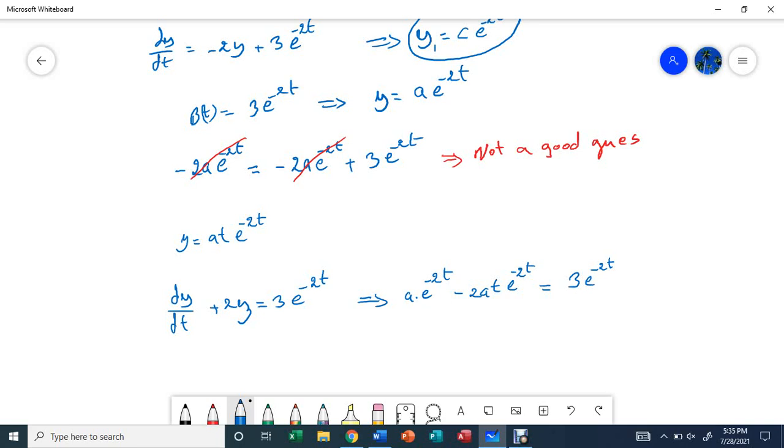So now I have this term here, A e to negative 2t. It should be equal to this term here, because I don't have the term t in either of them, so that leaves me with A must be 3.